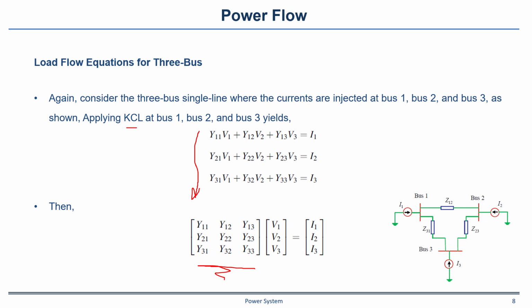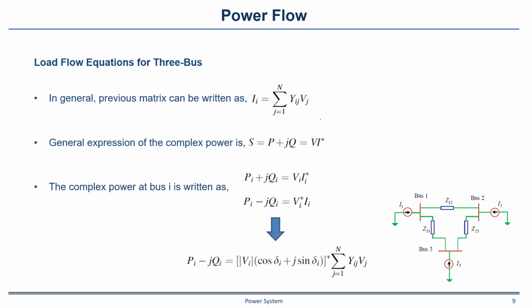Here V1 is multiplied by all of the admittances connected to this bus bar, plus the admittance between these two, and so on to the end. So we have this matrix. This is the summation of all admittances connected to this bus bar, so it will be the admittance of here, here, and here. So we can write that by an admittance matrix like this.